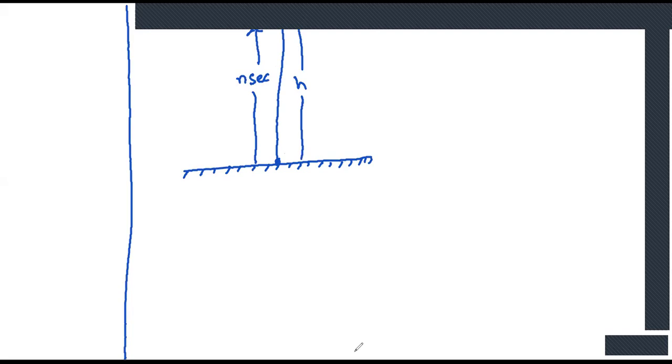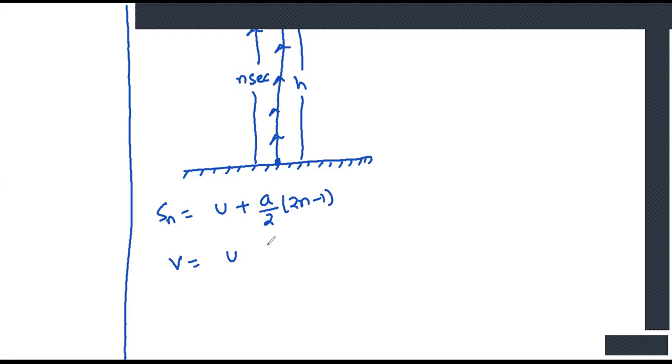Distance traveled in nth second is u plus a by 2 into 2n minus 1. In nth second, they gave it as v. Since it is projected up, that is ascending, a equals minus g.